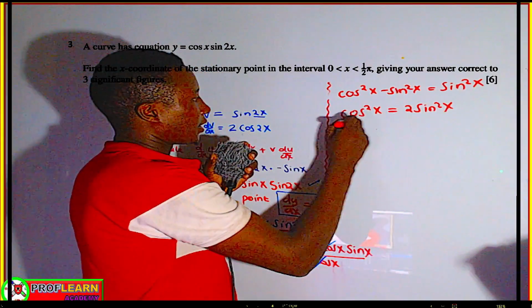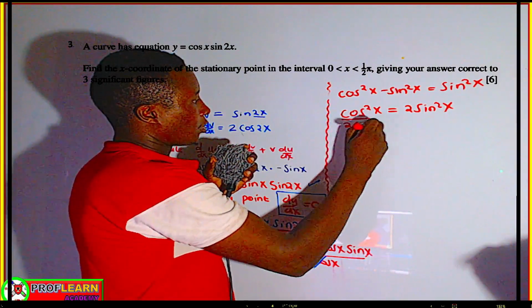So at this given point I can divide by cos squared x.